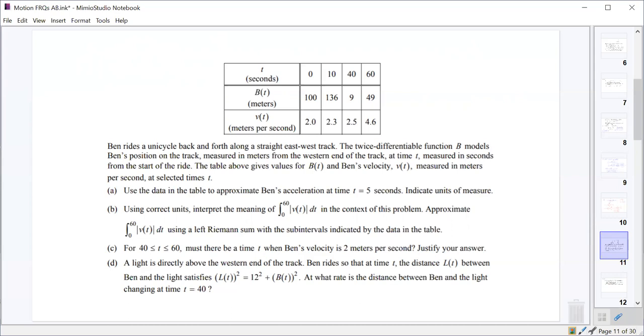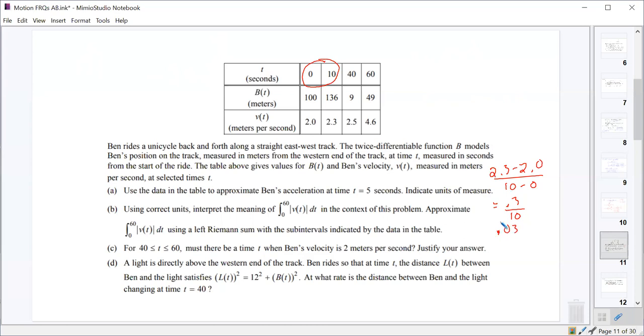All right, find the slope between the 2 points around v of t that surround t equals 5. So we'll find the slope of the velocity between 0 and 10. That ought to just be 2.3 minus 2.0 over 10 minus 0, or 0.3 divided by 10, which ought to be 0.03.